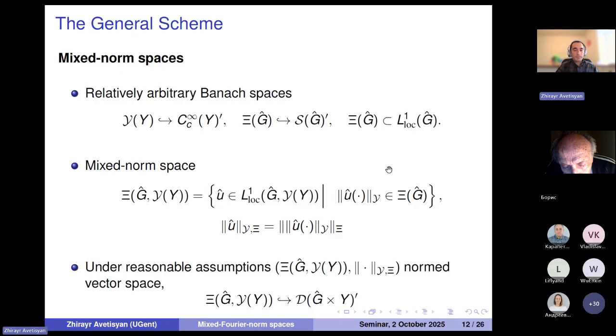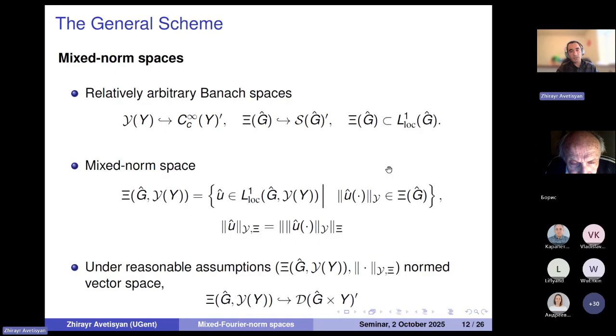space is complete. I have to say that because the idea behind this work, the situation with the unit disk, actually originates from some earlier work by Alexey and some of his co-authors. And in the particular case of the unit disk, and with further restrictions on these Banach spaces, that they are both embedded in L1 spaces on corresponding manifolds, and Y is taken to be the 0-1 interval.